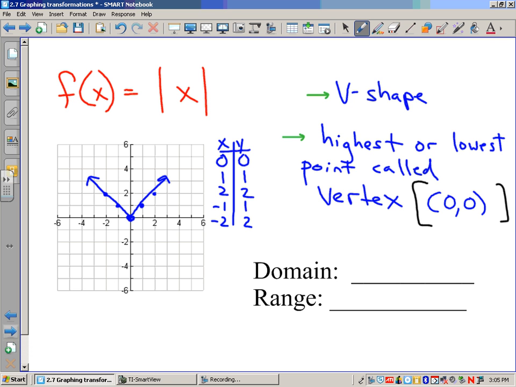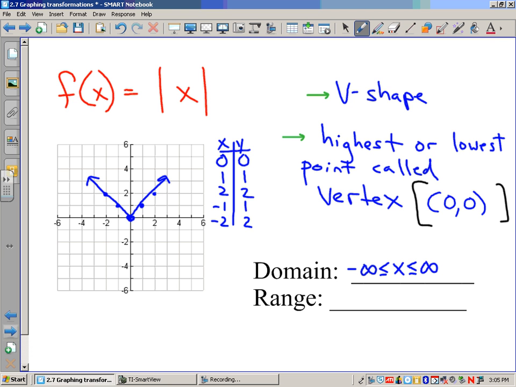The highest or lowest point is called the vertex. For the parent function, the vertex is (0, 0), and it's the lowest point because it's a right side up V. What's going to happen is that it's going to flip, and then it would become the highest point. Domain: you can take the absolute value of anything, so your domain is negative infinity to infinity.